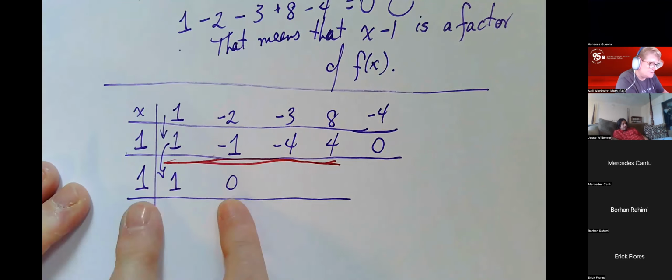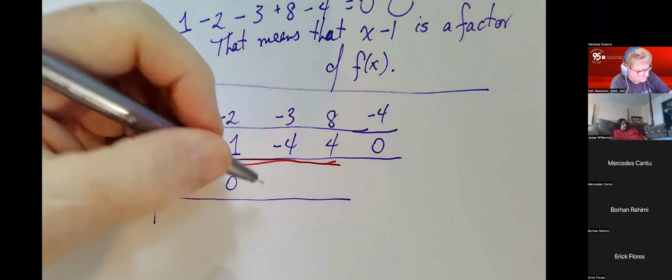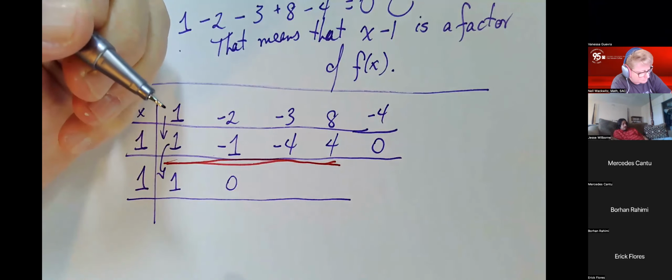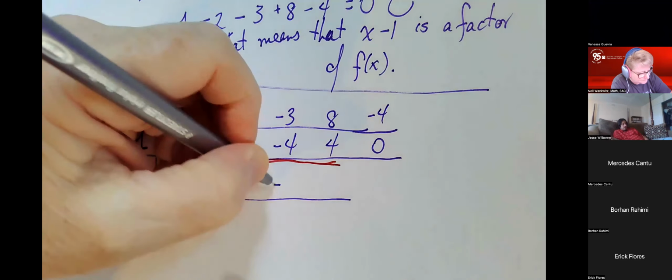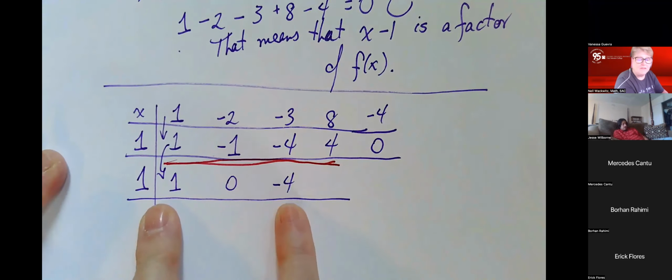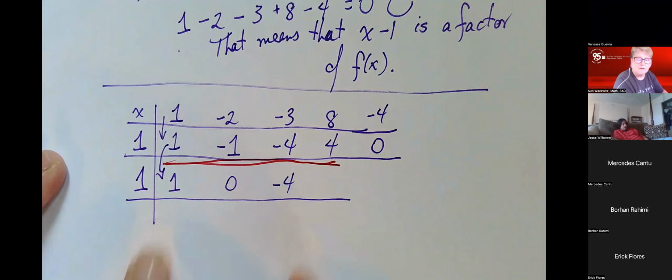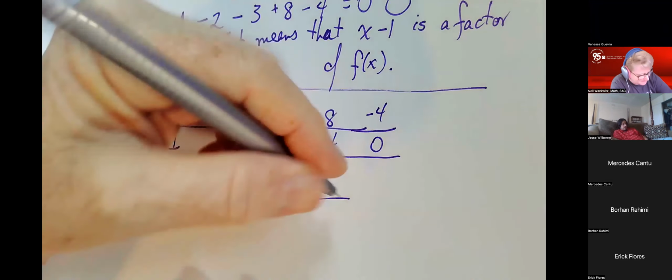Good. And then 0 minus 4 is -4. Good. And then -4 times 1 is -4 as well, and add the 4, which would be 0. Yay.